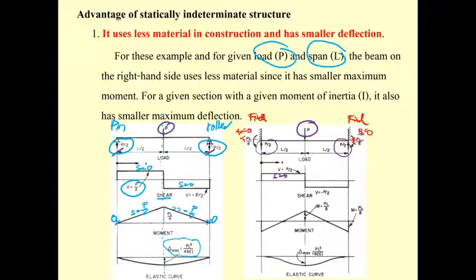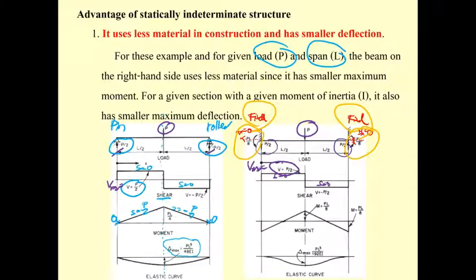So the shear diagram of this beam and the previous one are going to be the same, and the maximum shear is going to be Vmax equal to P over 2. That's it. However, since this beam has moment occurring at the supports because it is fixed, the moment diagram of this beam is changed.